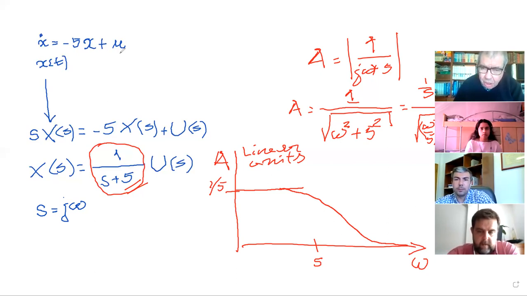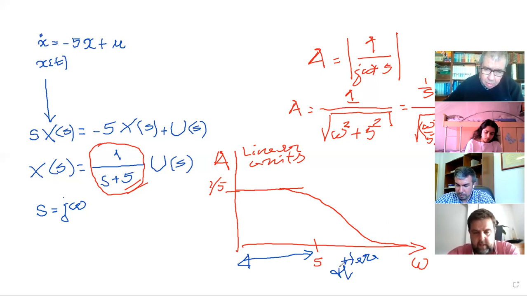But even if it is not periodic, you have the Fourier transform that allows you to write any signal, even a discontinuous signal, as a sum of sinusoids. So sinusoids up to, say, here, the system responds to these sinusoids, but not to these other sinusoids. Here, the system does not respond.